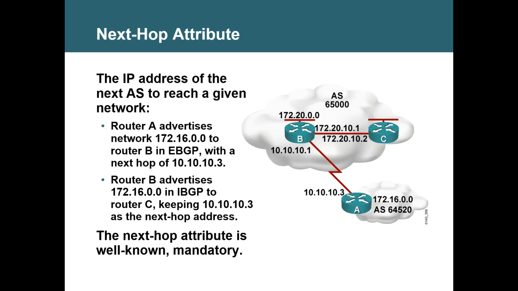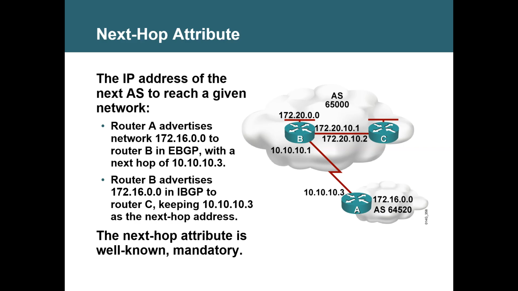Next hop is another well-known mandatory attribute. So we learned about next hop behavior. Here we are not going to repeat it. We spent one or two days on next hop behavior in our classes.